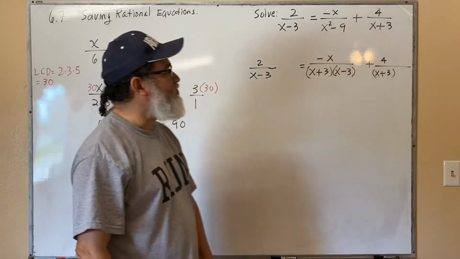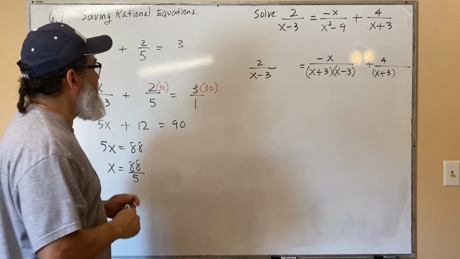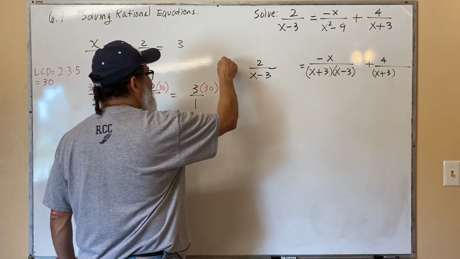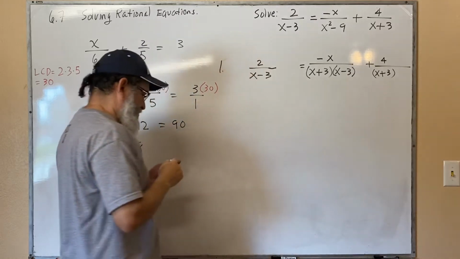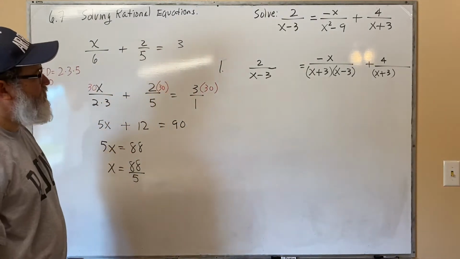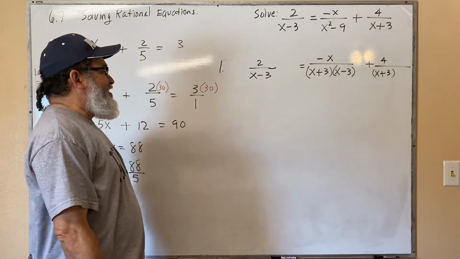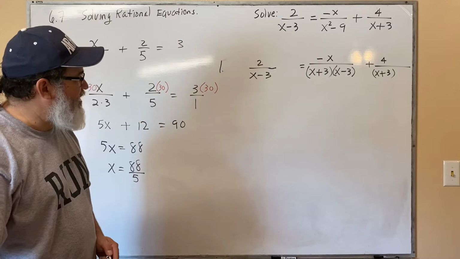That's your step number 1: rewrite the problem with denominators factored. Step number 2, find the LCD.